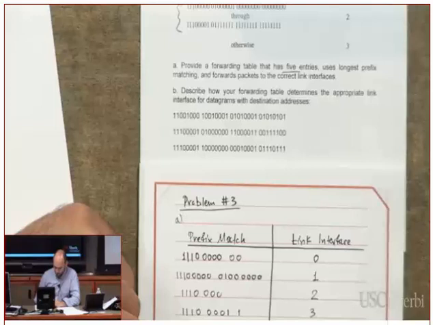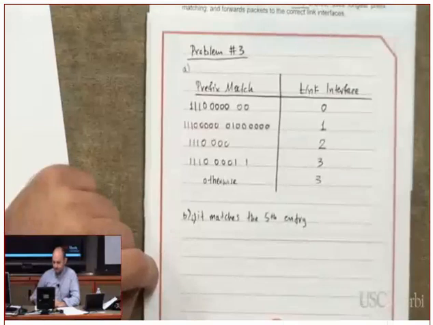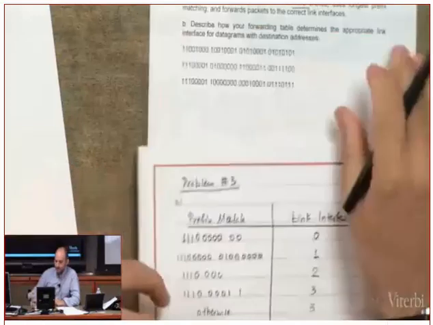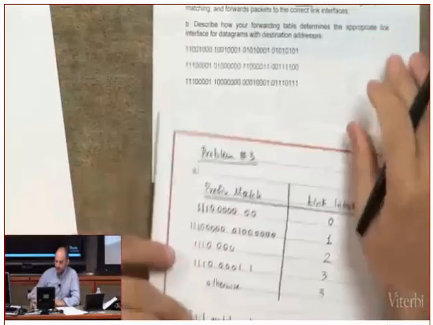We have 8-bit hosts, have this prefix match, and then for each of the 4 interfaces, give the associated range of destination host addresses and the number of addresses in the range. So, problem number 4.